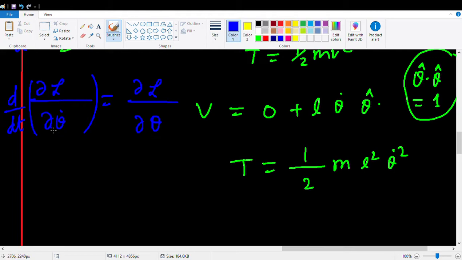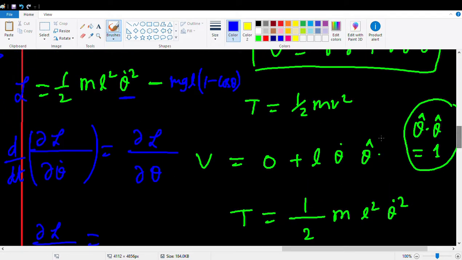Following this, I first have to derive del L by del theta dot. Theta dot is independent of theta, so whenever you take the derivative with respect to theta dot, all the theta just vanishes. The derivative of theta dot squared gives 2 theta dot, the 2 cancels out, and it gives me ml square theta dot.